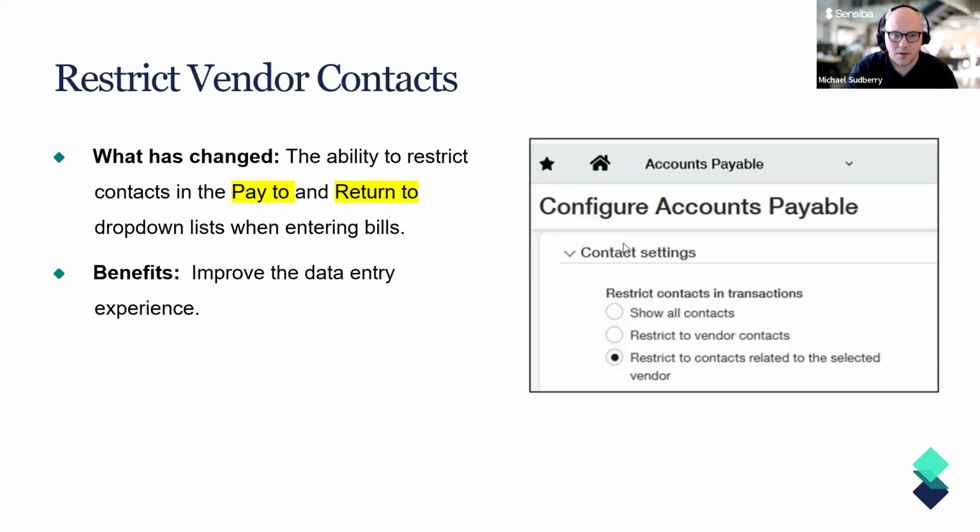So this helps mitigate both those issues. You can restrict it to just that record for the vendor and the customer. So if you needed to change the pay to on your vendor or customer or the return to, you would only see the ones that reside on that record, and you will no longer see the entire contact list. So two nice benefits there from having the ability to restrict that.